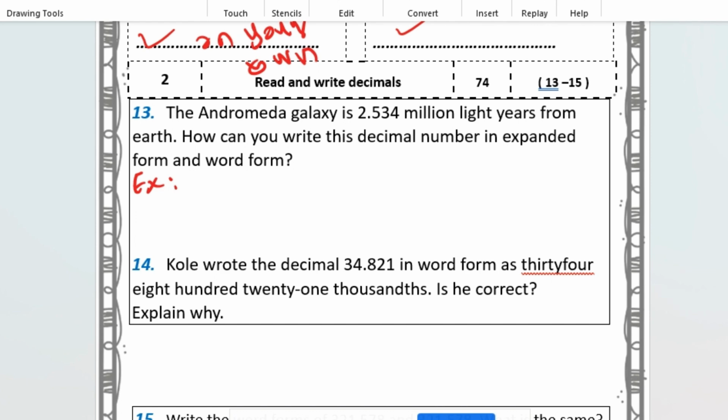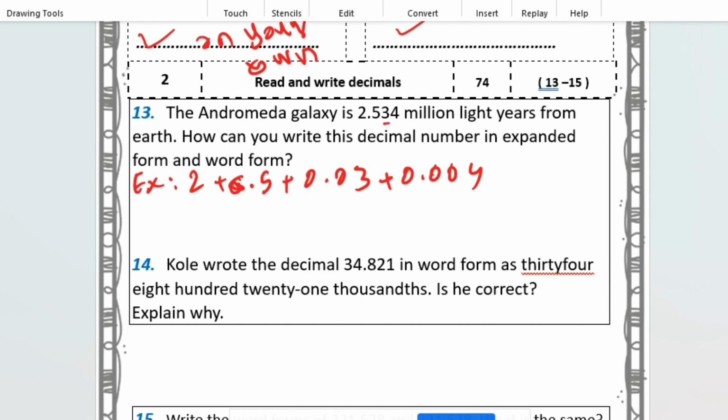Expanded form will be extremely tall, but let's just say 2 plus 0.5 plus 0.03 plus 0.004. How do we do it? We just put the 2 the way it is. The 5 here we put 0.5 because it's one number after the decimal point.